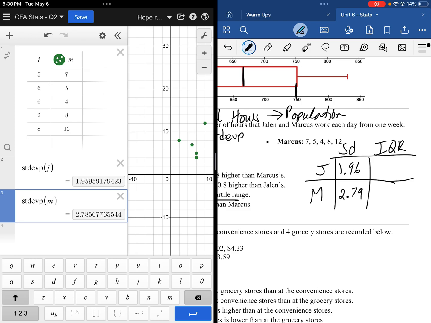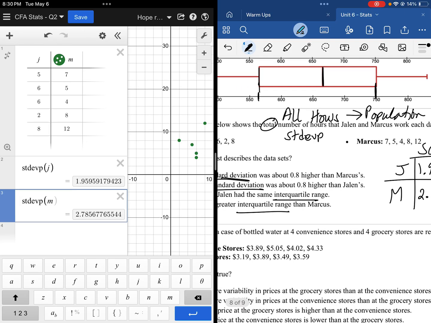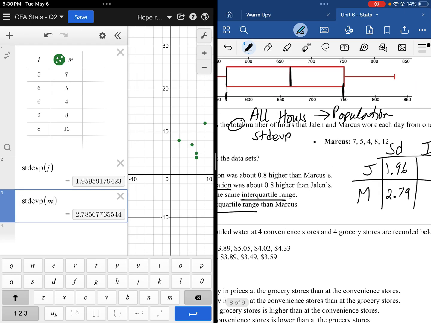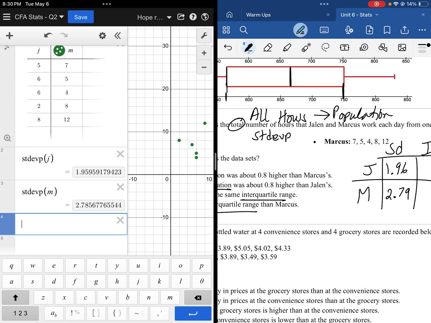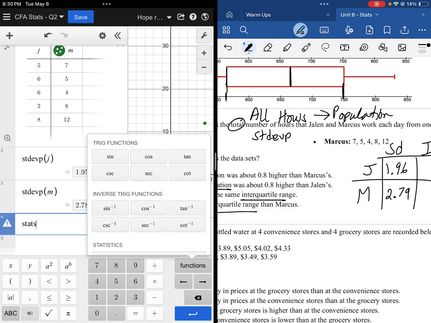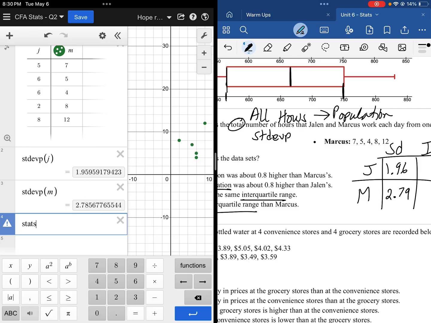Okay, then I want to find the IQR of Jalen. So for the IQR of Jalen, we need the stats. So I'm going to put in our stats. And remember, you guys can just press the function button if you want, or you can type it in if you want. It really doesn't matter as long as you type it in correctly.